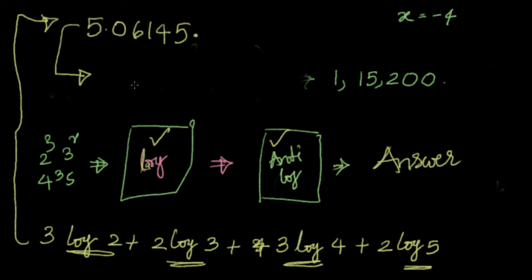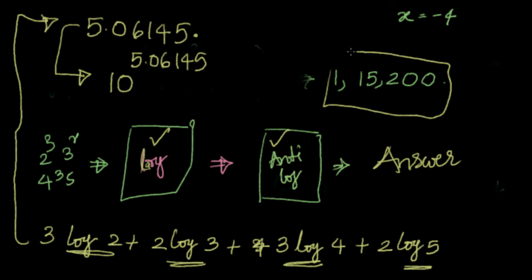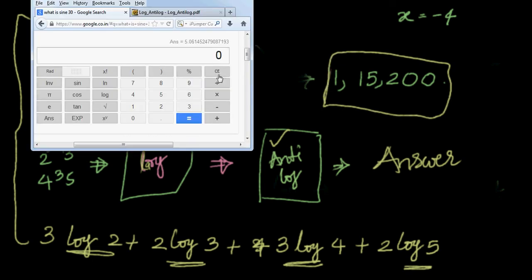In current time I can say the answer is 10 to the power of 5.06145. So let us do that and check whether I should get the value of 1,15,200. Okay, right.